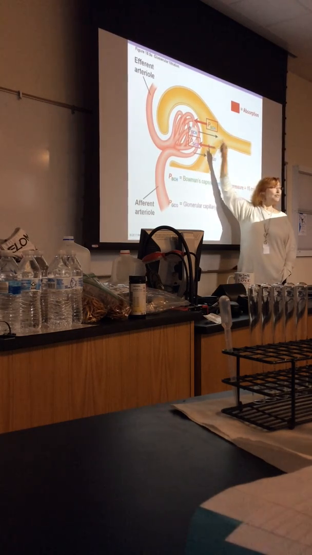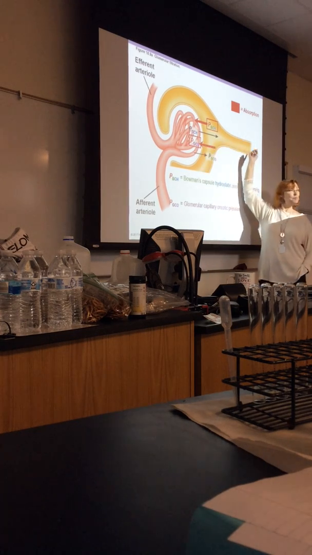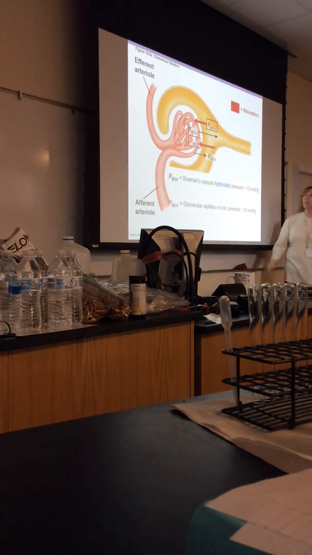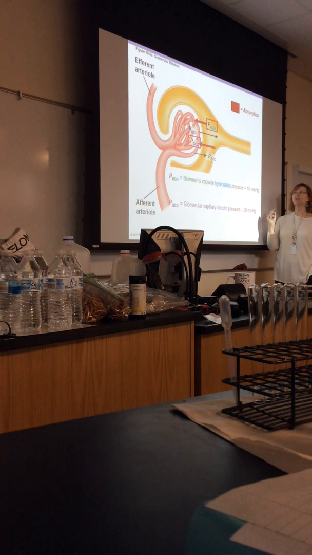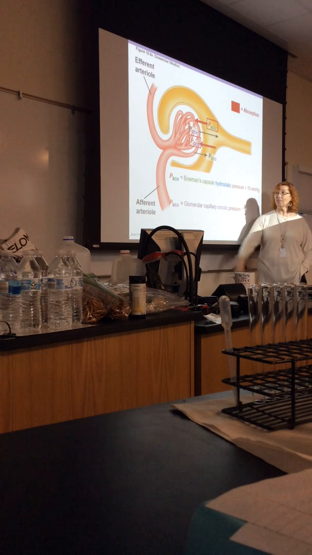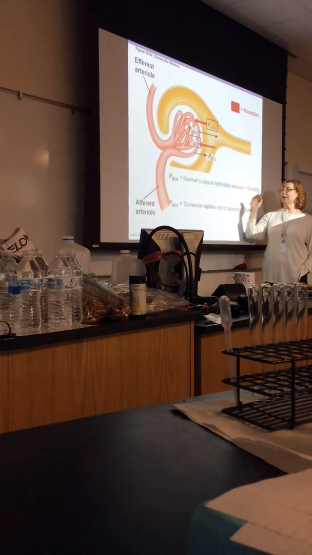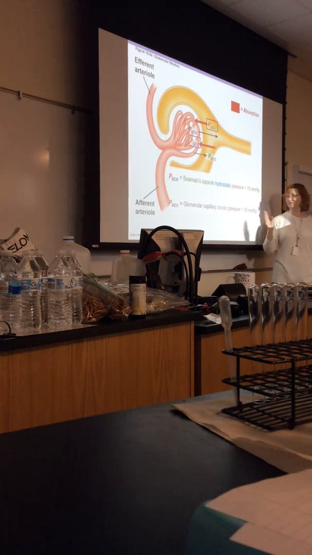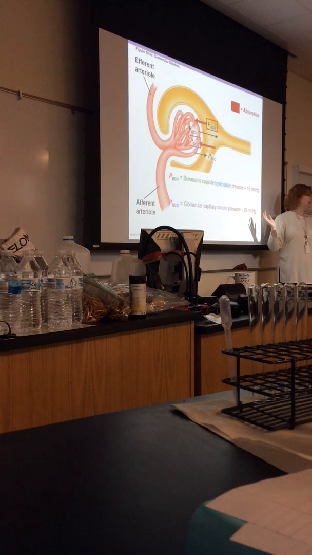And as soon as fluid comes in here, it keeps moving away. So that is why my Bowman's capsule hydrostatic pressure is so much lower at 15 than my glomerular capillary hydrostatic pressure at 60. Now my glomerular capillary oncotic pressure is 29, okay?